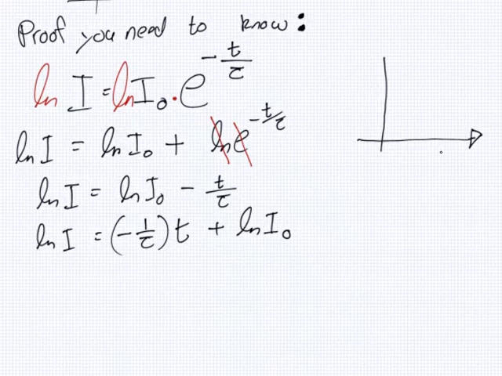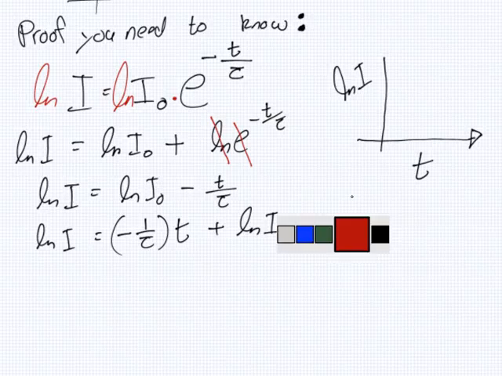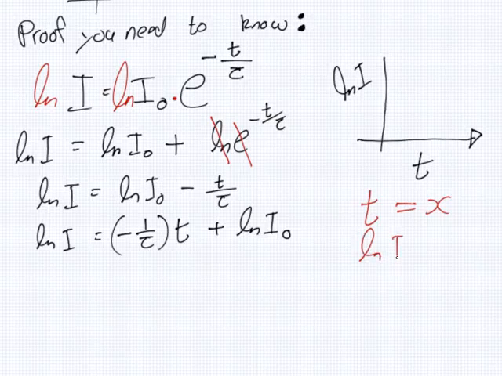Now, what am I putting on my x-axis? T. And what will I put on my y-axis for my new graph? Log I. So, the T is like the x, and the log I is like the y.